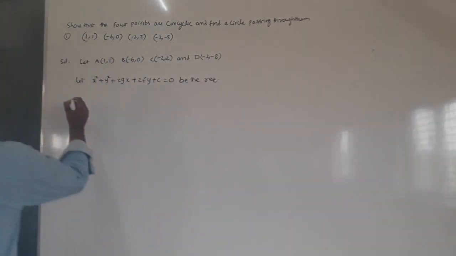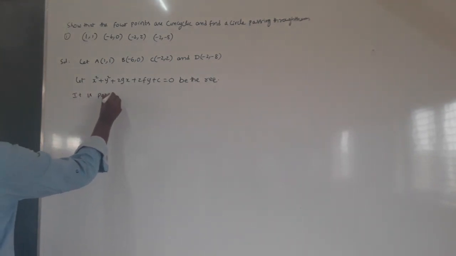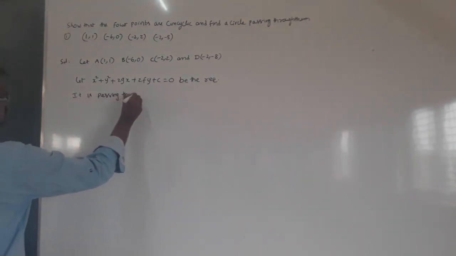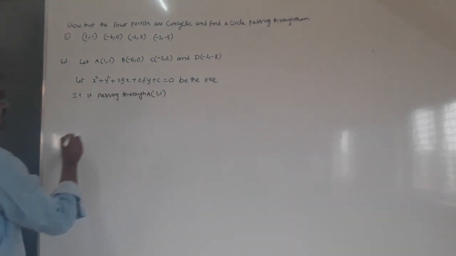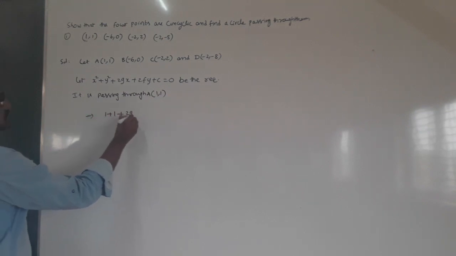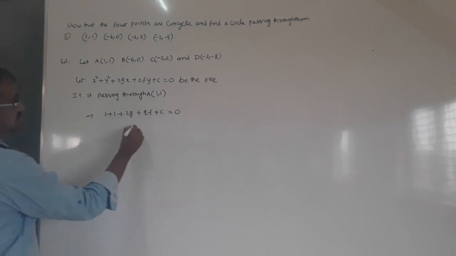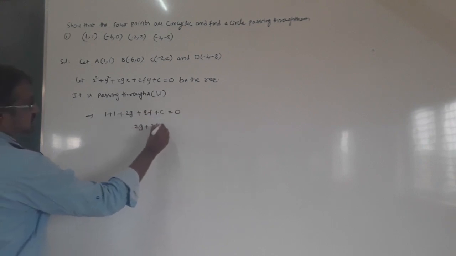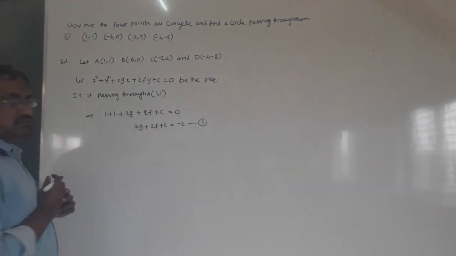So it is passing through A (1, 1), you will get 1 plus 1 plus 2g plus 2f plus c is equal to 0. So 2g plus 2f plus c is equal to minus 2. That is equation 1.